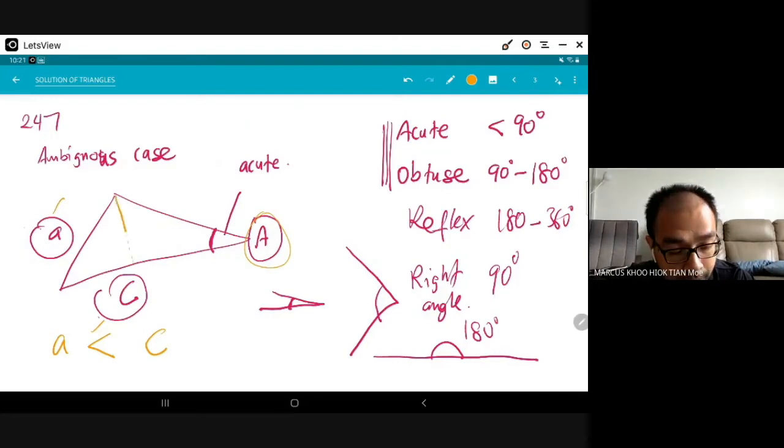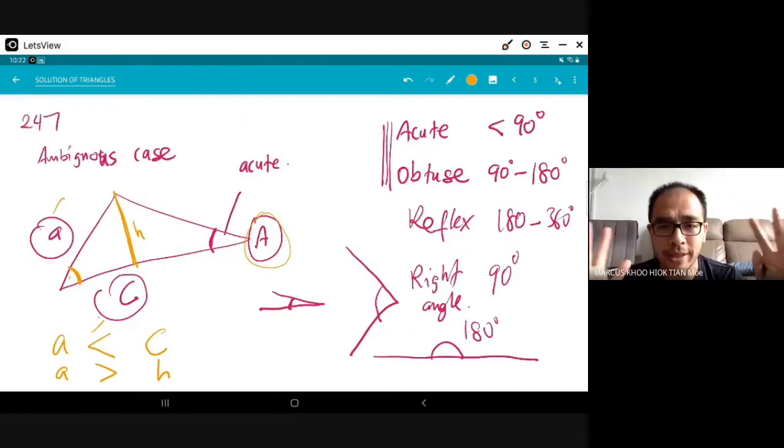That means A must be more than the height of the triangle. Then it is an ambiguous case, which means that this angle that you want to find could be an acute angle, could be an obtuse angle. This is a very important thing. So that is the explanation of the ambiguous case.